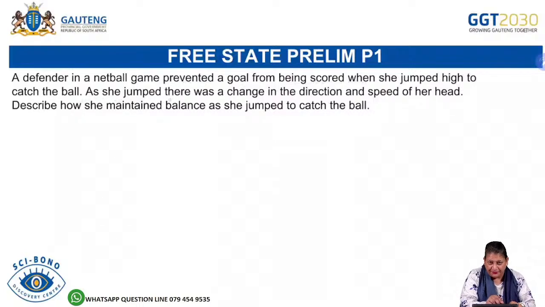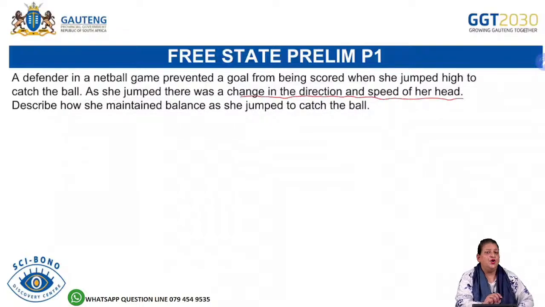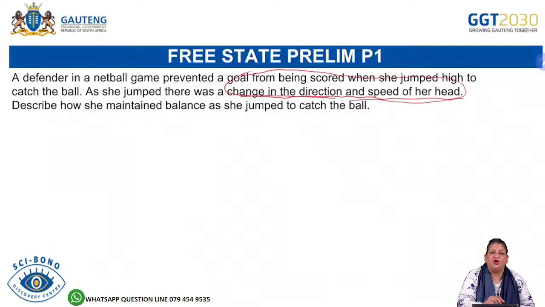As she jumped, there was a change in the direction and speed of her head. Immediately, what do we know? This got to do with the ear and it got to do with balance. Okay? How do we know that? Change in the speed and direction of the head.